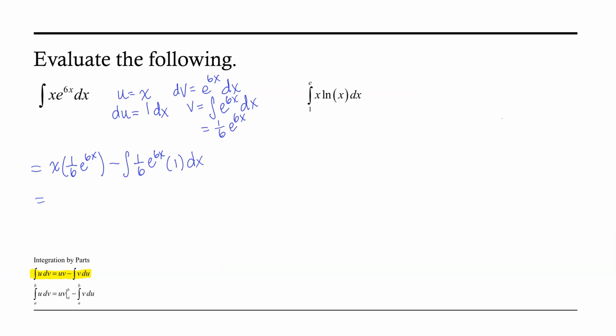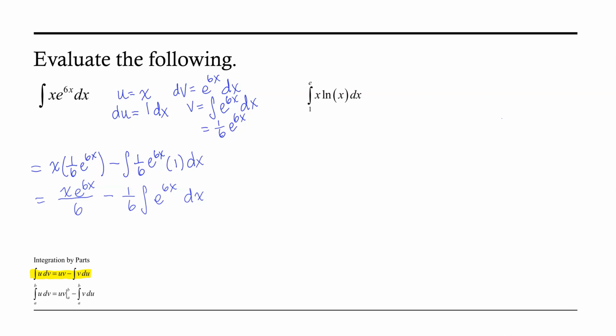I've got x times 1/6 e to the 6x. Multiplying those together, I'm going to have a denominator of 6 and a numerator of x e to the 6x. For my integral, I'm going to factor out that 1/6, bring it in front of the integral, and then I have the e to the 6x as my integrand.